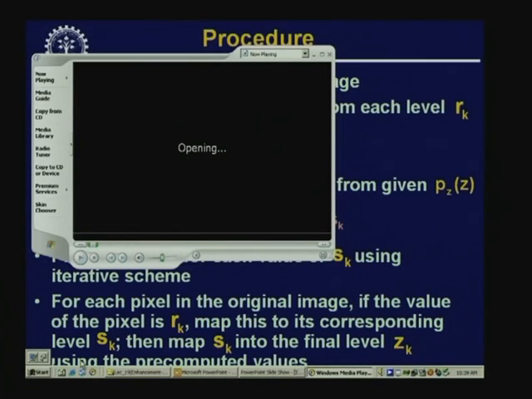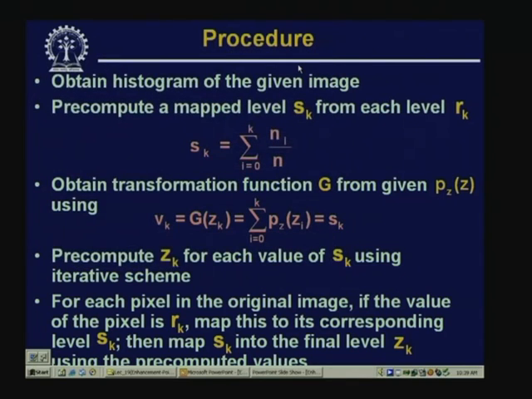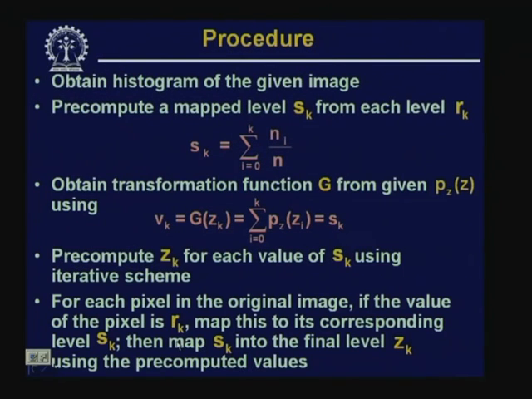So, you find that our iterative procedure will be something like this: first you obtain the histogram of the given image, then pre-compute a mapped level Sk for each level Rk using this particular relation.